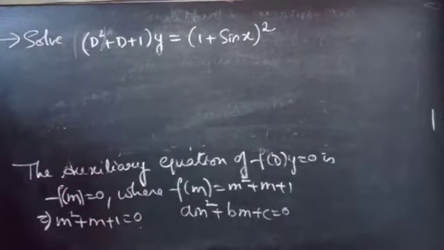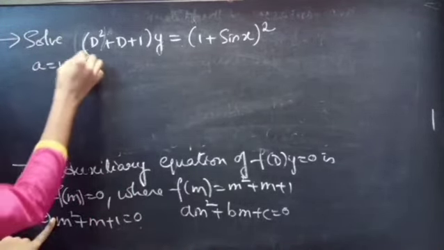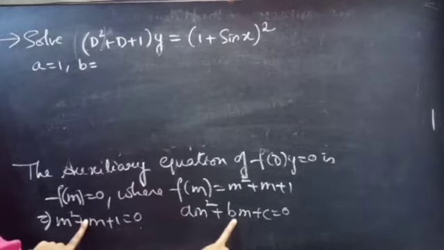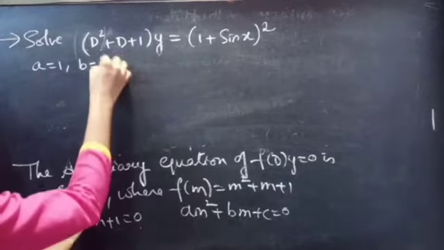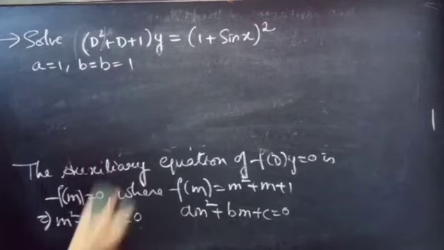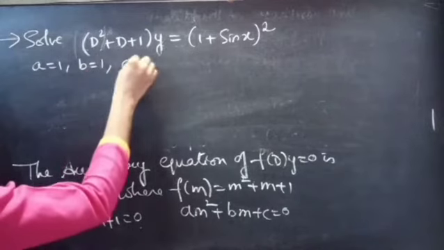Right? Now, the coefficient of m² is a = 1. The coefficient of m, b, is 1. And the constant c equals 1.